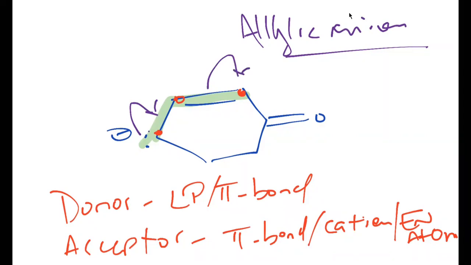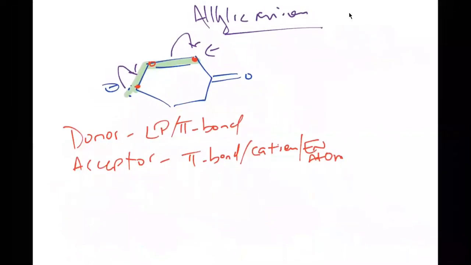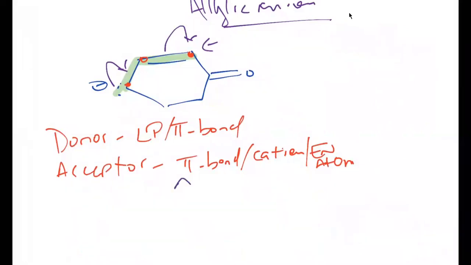It never changes. The lone pair is going to become a pi bond, and the pi bond is going to become a lone pair on the adjacent vertex. Right? This is not negotiable. It's the same exact electrons, same exact arrows, everything. Is that okay? So what would the resonance form look like?